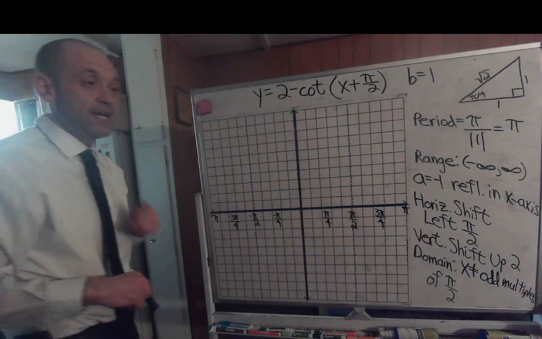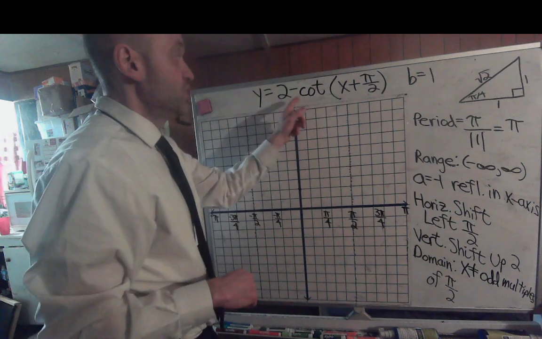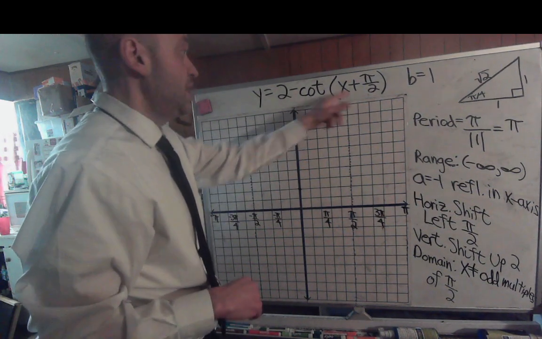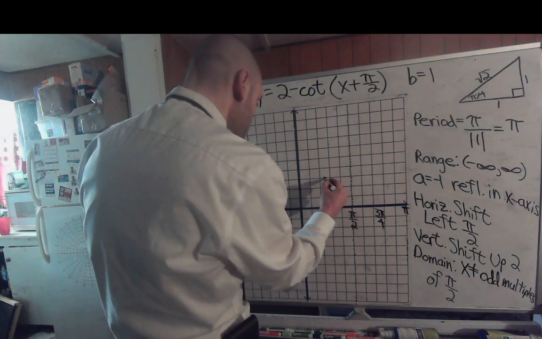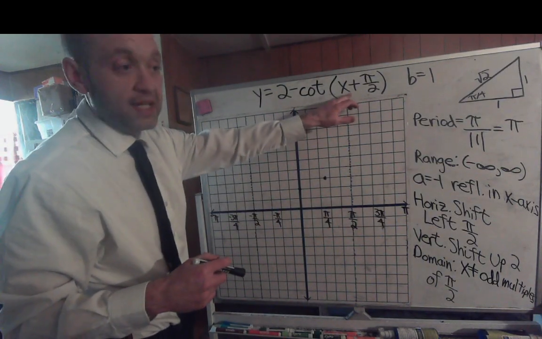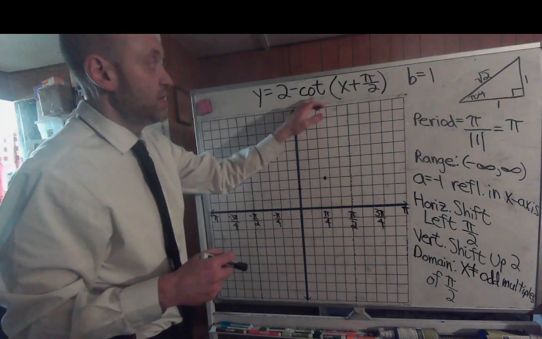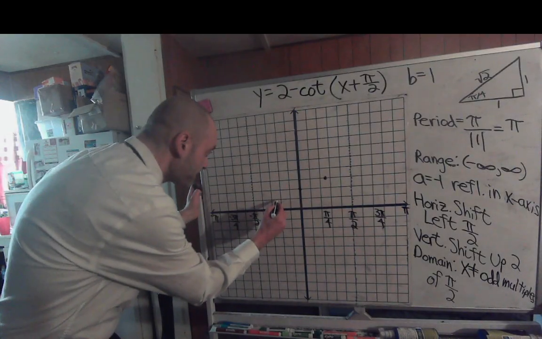The cotangent of 3 pi over 4 is negative 1, but you have to negate that negative 1, so positive 1 plus 2 is 3. And then if you put in negative pi over 4, you'll get the cotangent of positive pi over 4, which is 1. You negate that 1, you get negative 1 plus 2 is 1.